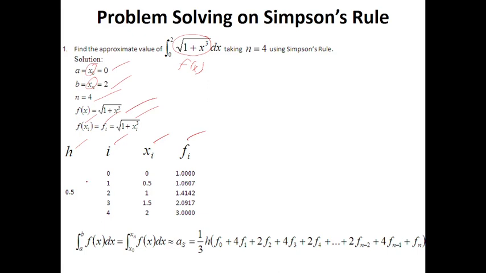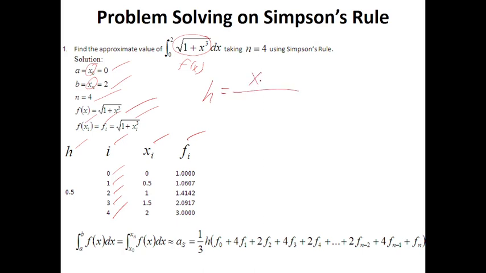In this case, we consider n equals 4, so this will be 0, 1, 2, 3, and 4. The first point is 0. Of course we have to determine the value of h. How do we determine the value of h?